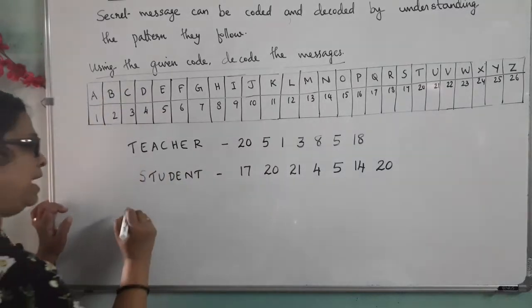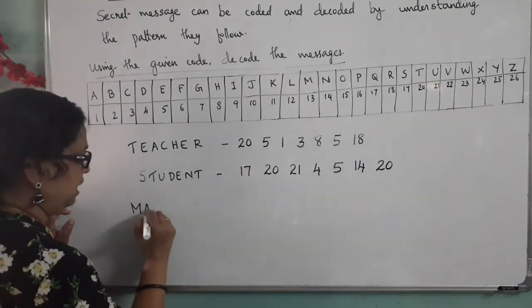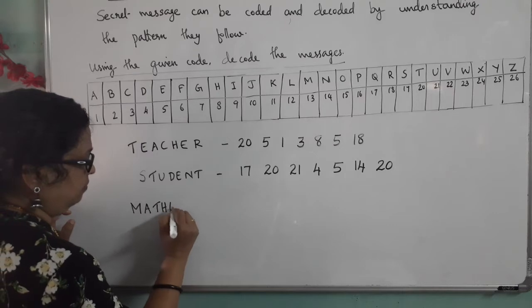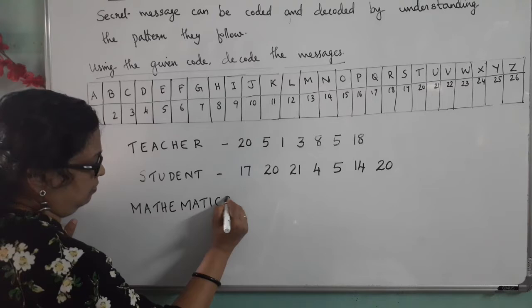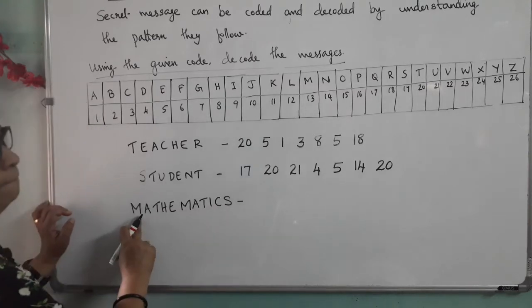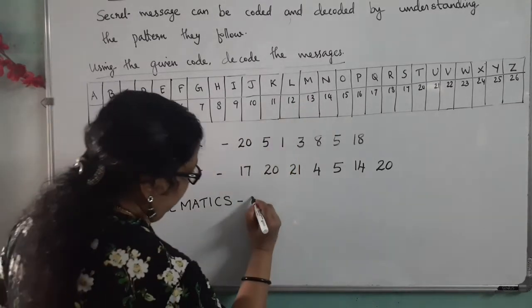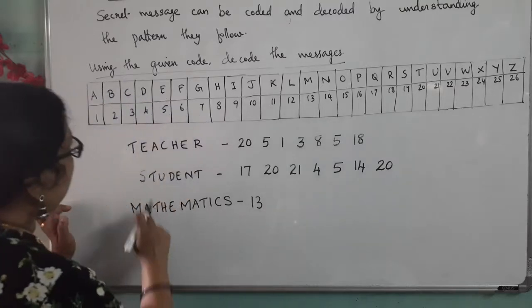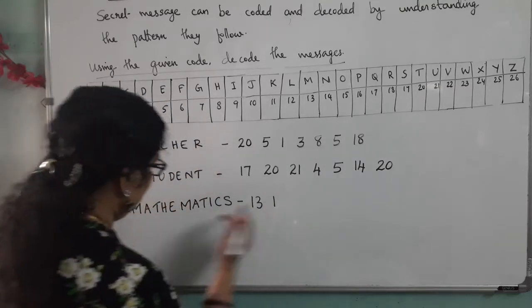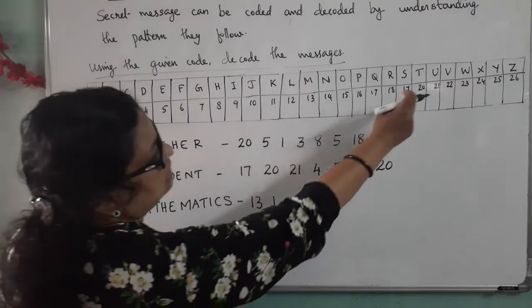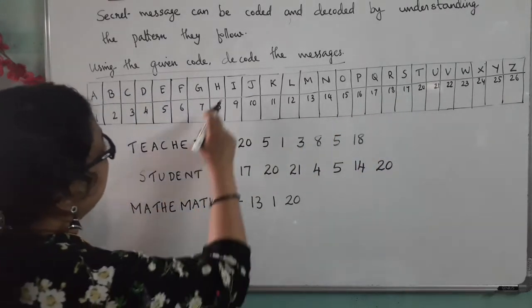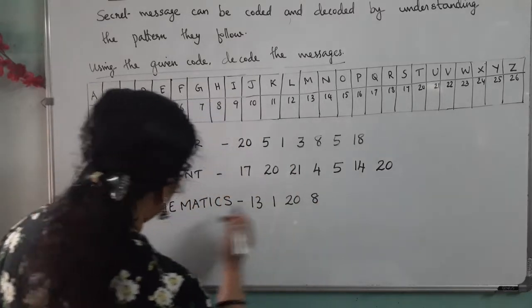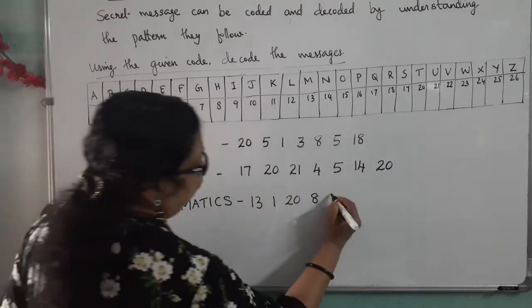Then mathematics. M is 13. Then A is 1. Then T is 20. Then H is 8. Then E is 5.